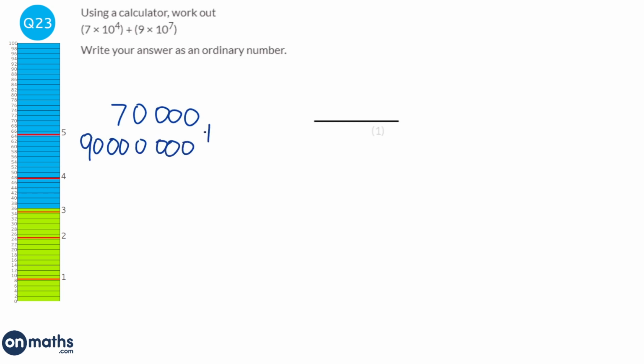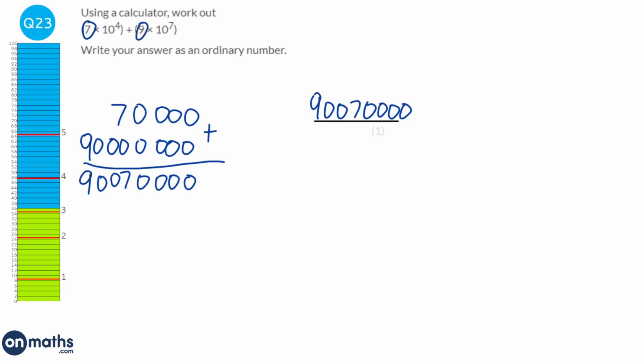And so when you add them together, you get 90,070,000. Now if this is on the calculator paper, then you can just type it into your calculator. Some people think there's a quick way of doing this, like adding the 7 and the 9. There isn't. You've just got to work out what this number is, work out what this number is, and add them together.